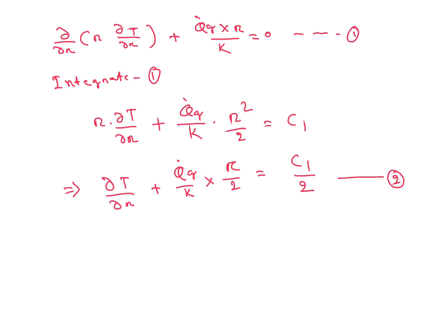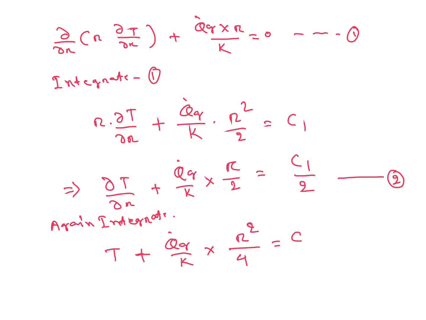Then again integrate, you will get T plus Q generation by K into r square by 2 into 2, that is 4, equal to C1 into the integral of 1 by r dr, ln r, plus C2.